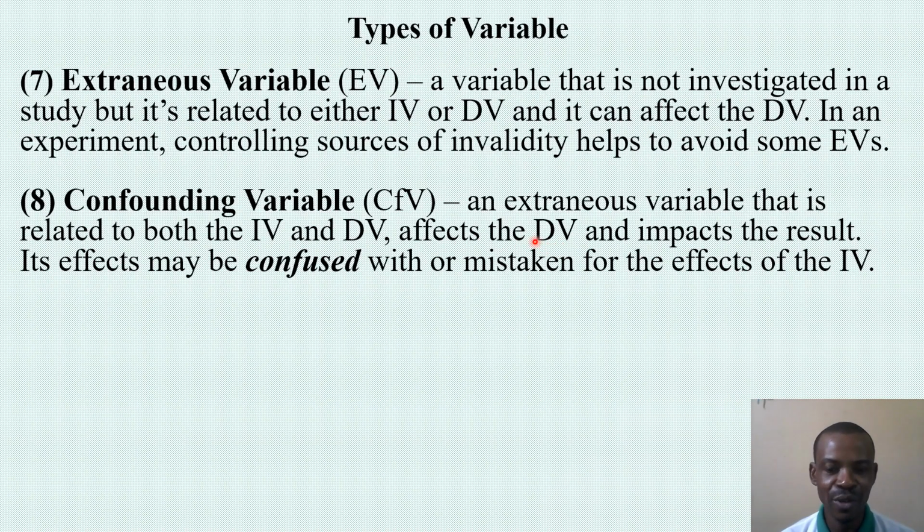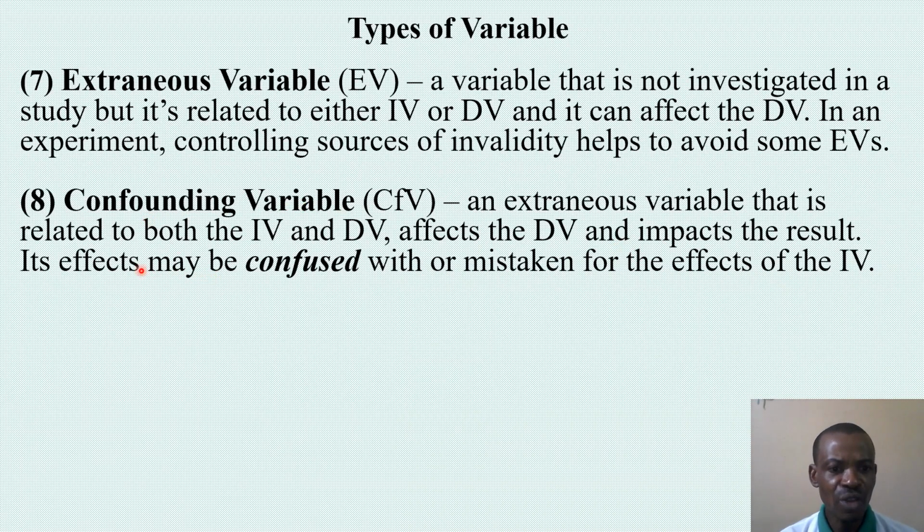and therefore impacts the result. That means giving you an outcome instead of believing that the outcome is a result of the independent variable. So when an extraneous variable is related to both IV and DV and then contributes to the result that you have, it is called a confounding variable.